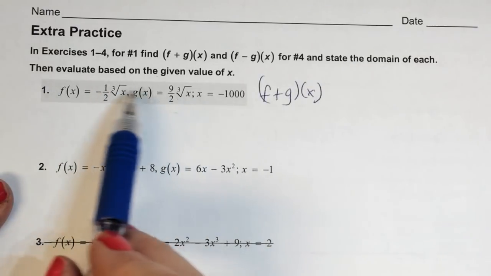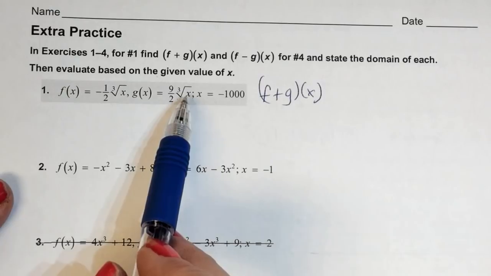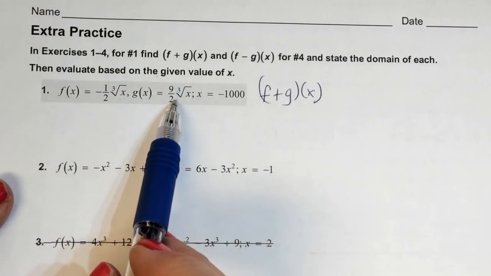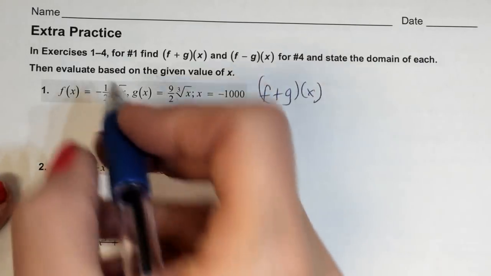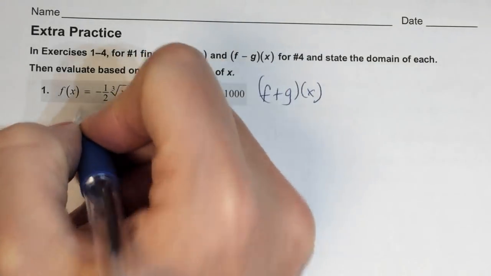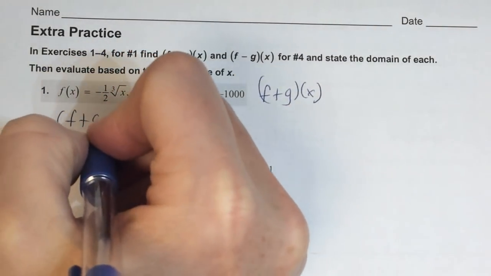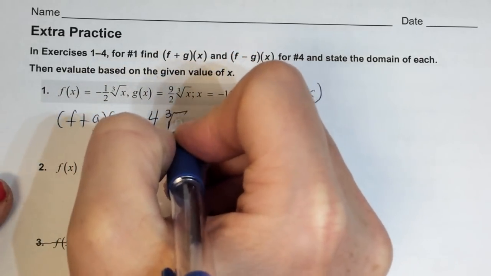So we have to add these two functions. Are they like terms? They have to be like terms. They are. So what's negative 1/2 plus 9/2? 8/2, which is 4. So I know then that f plus g of x is going to be 4 cube root of x.